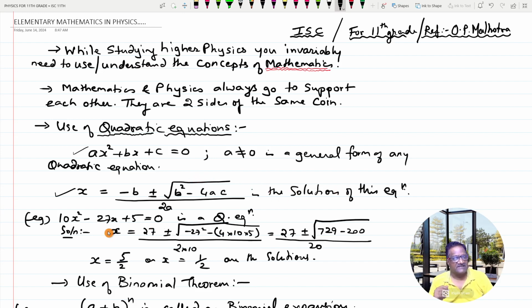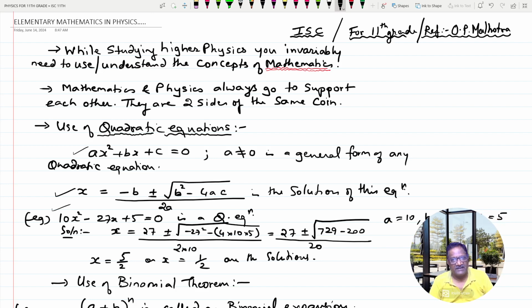Now, for example, I have given you this equation: 10x square minus 27x plus 5 equal to 0, which is a quadratic equation. Let us try to find out the solution of this. We'll use this formula. If you compare this equation with the general form, you'll come to know that a is 10, b is equal to minus 27, and c is equal to 5.